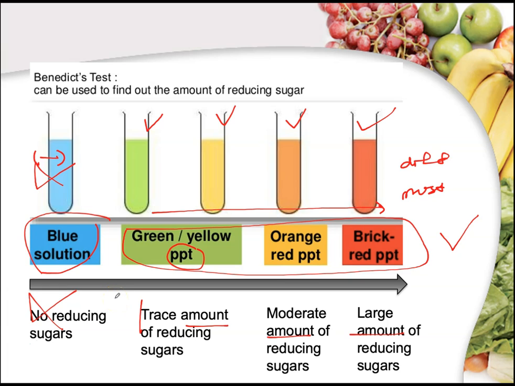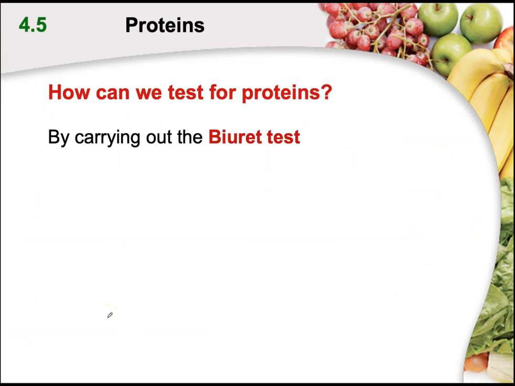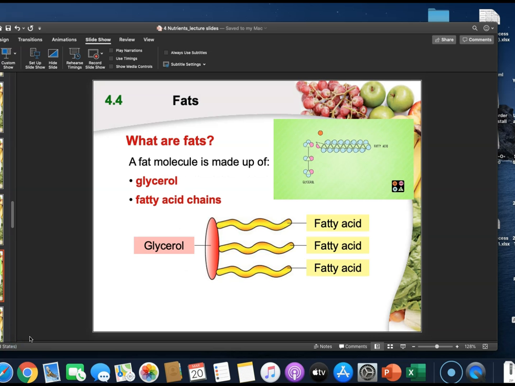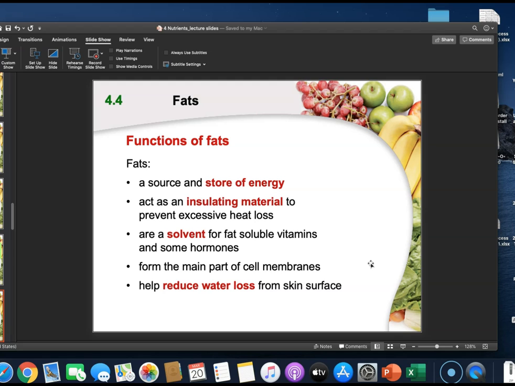Okay, now we are going to stop here. Tomorrow, we are going to continue with the different tests to find out all the different other nutrients. So today, we actually covered quite a bit of things, right? We basically covered what fats are, what the elements that make up fats are. We also covered what a fat molecule is made up of. You can see it's made up of 1 glycerol molecule and 3 fatty acid chains. We also covered the functions of fats.